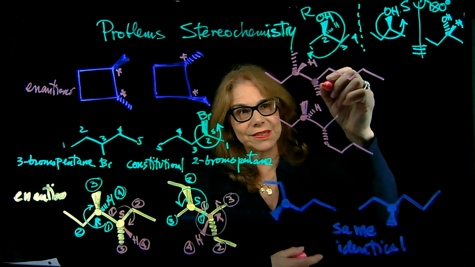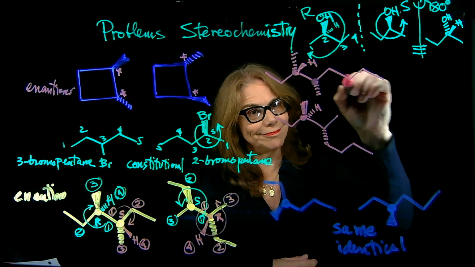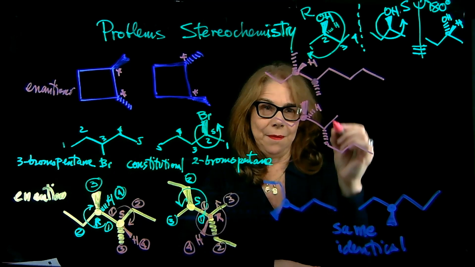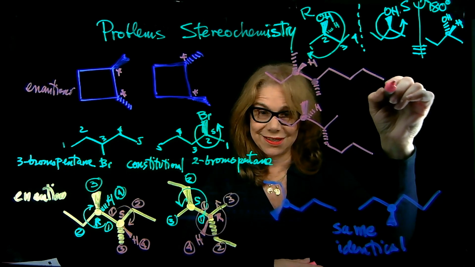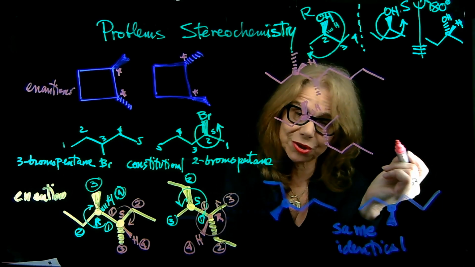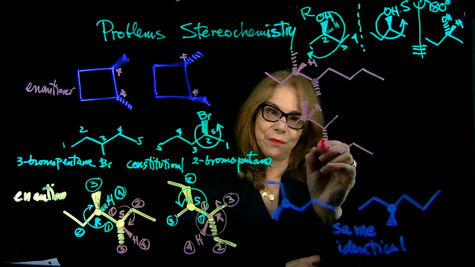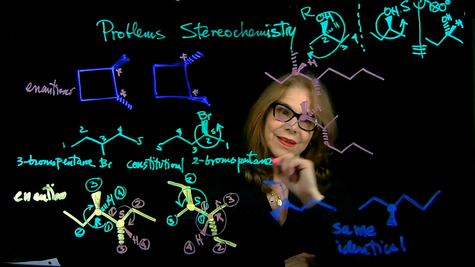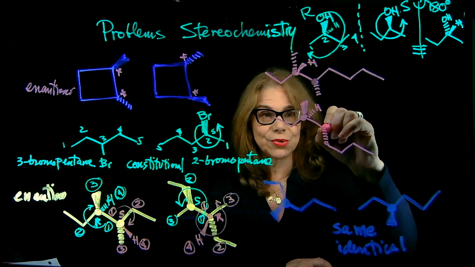Now for the next chiral center, you have butyl and methyl. The methyl is on dash, and here the butyl is on the solid line. What you see here is that these two have switched. Now what is on the solid line is a methyl, and what is on wedge is the butyl. So another switch.